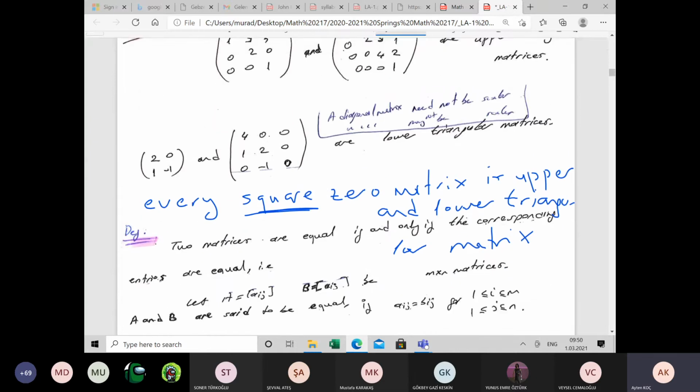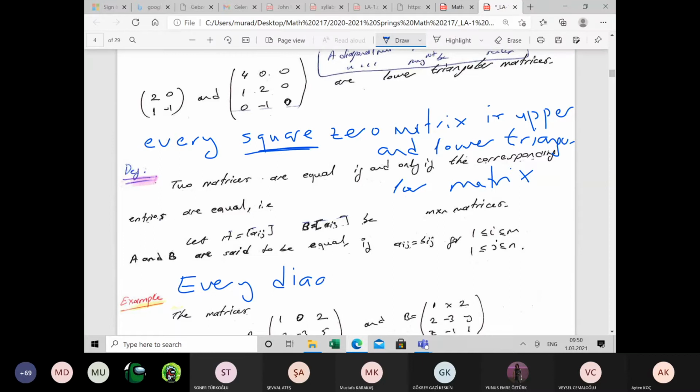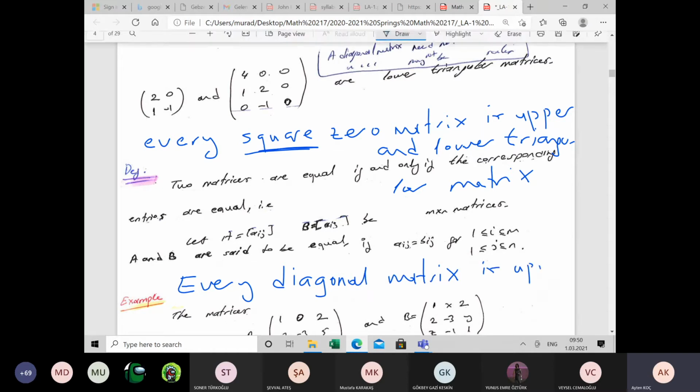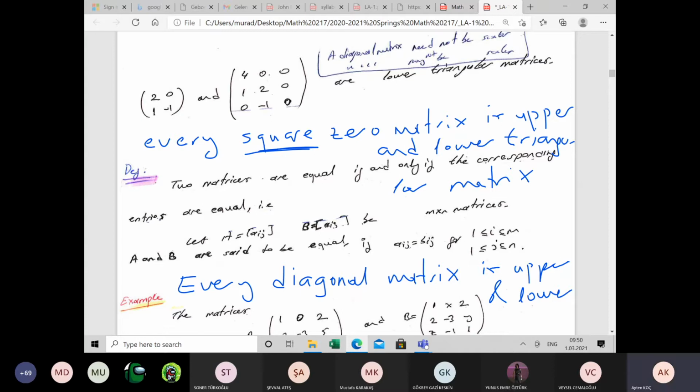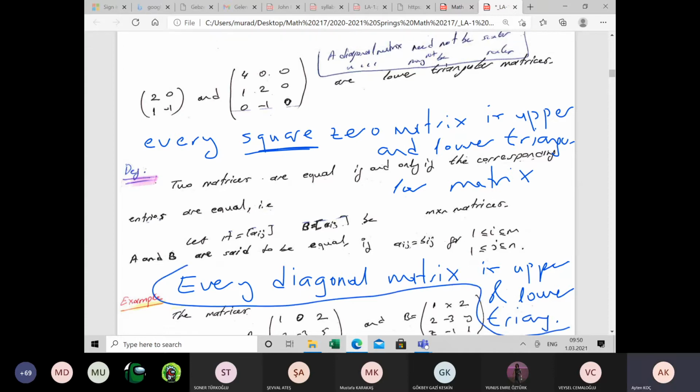And also every diagonal matrix is an upper and lower triangular matrix. And this one, if we write it in the general case, is true.